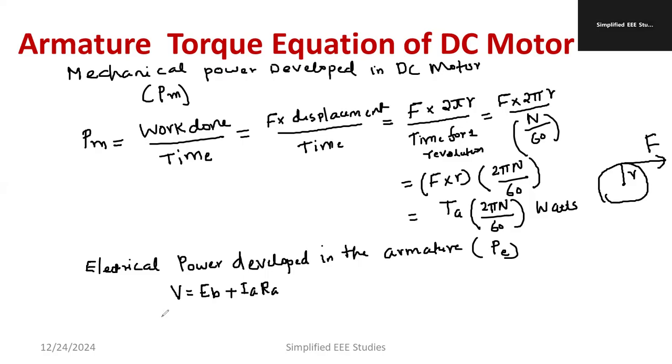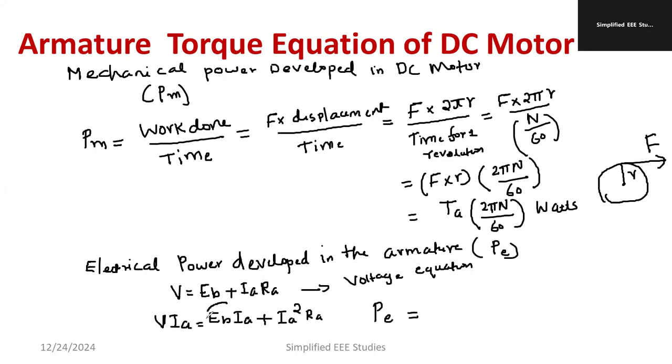Multiply with IA on the LHS and RHS. So V into IA is equal to EB into IA plus IA square into RA. Therefore, the electrical power developed in the armature is given by this term, EB into IA watts.